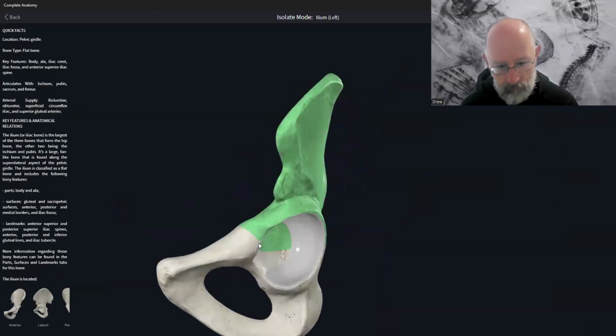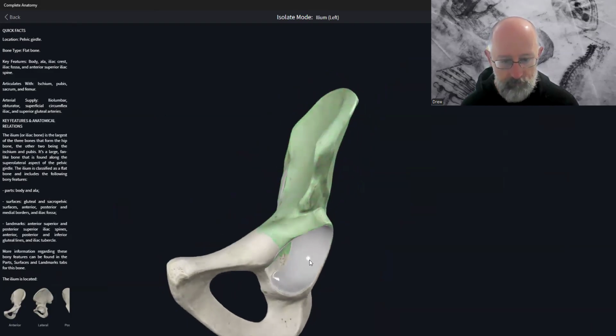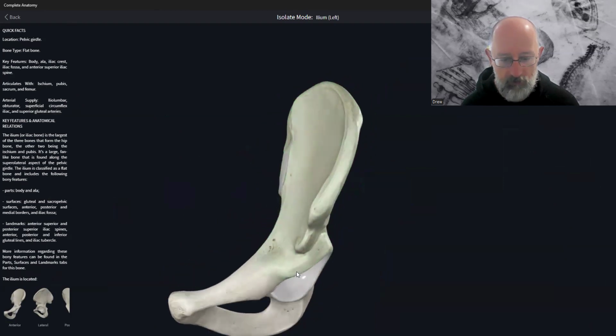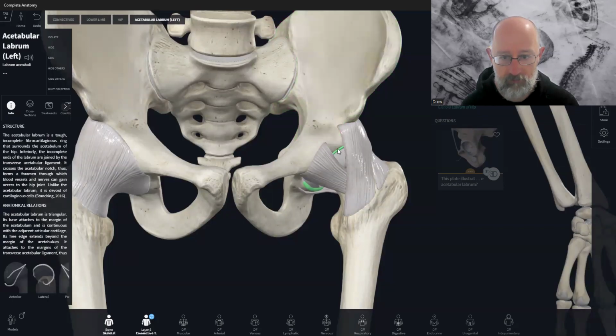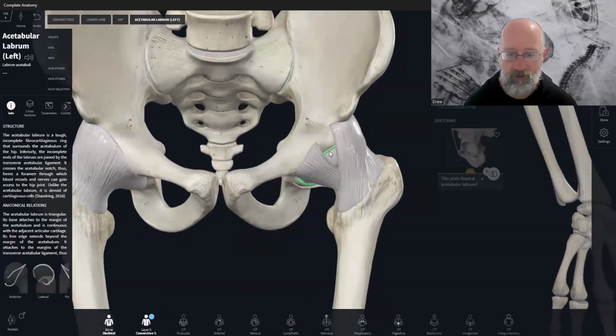So that labrum is going to sit along the rim of the acetabulum here. So you'll often get labral tears or labral nicks, where you just get a little bit of a cut in that little bit of the connective tissue, and they can kind of catch. And so often people get a clicking and then a kind of catching feel in the hip.